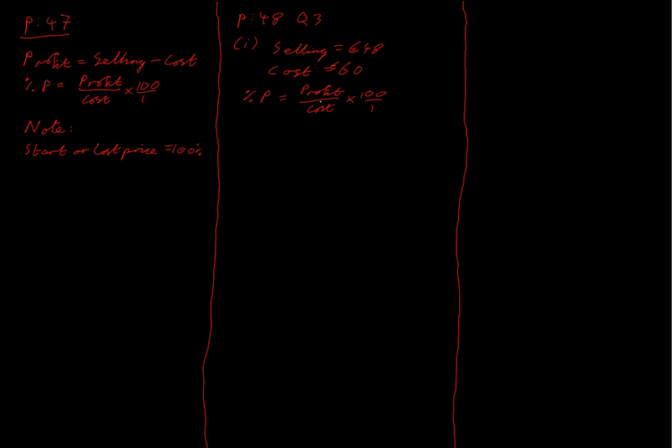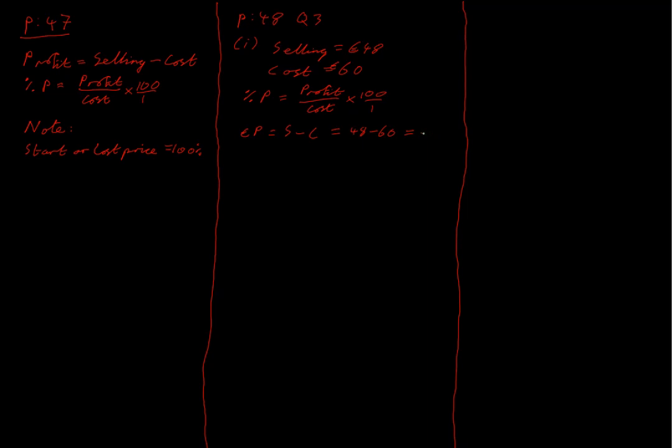Well, I have pretty much everything I need. I have the cost, but I don't have the profit explicitly written down yet. So I'm going to use this formula here to get the missing piece of information for the formula that I need. So my profit in euro, I'm going to put a euro sign in front of the profit to distinguish it from the percentage profit, is my selling price minus my cost price, which is €48 minus €60.